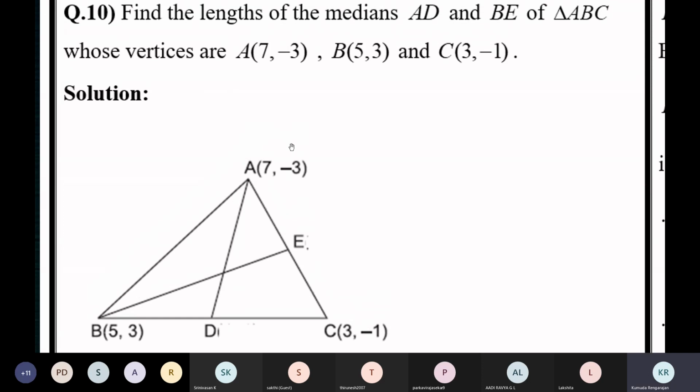To find the length of AD, you need the coordinates of A and the coordinates of D. The distance formula is the square root of (x2 minus x1) the whole squared plus (y2 minus y1) the whole squared.